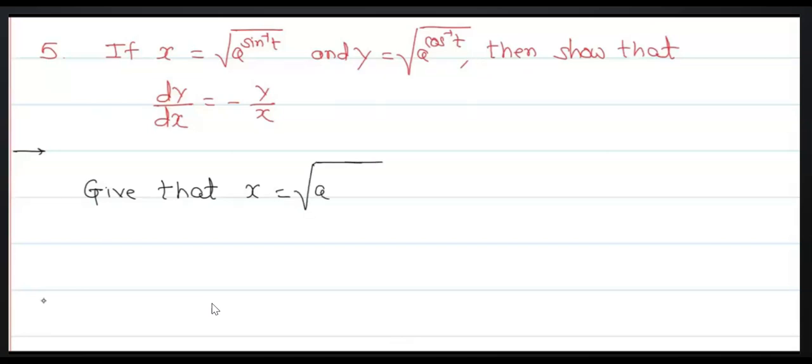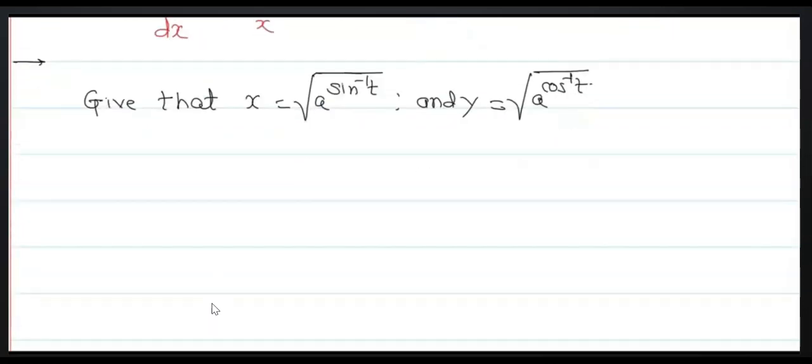Given that x is equals to root of a raised to sine inverse of t and y is equals to root of a raised to cos inverse of t. Now differentiate this with respect to t.